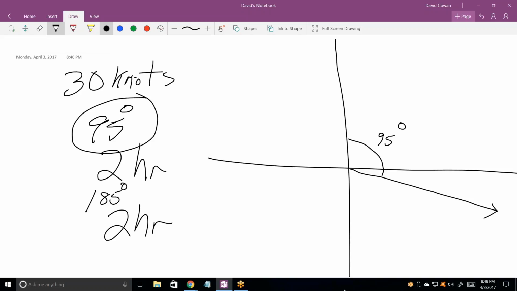Yep. Okay. And then we change directions to a 185 degree angle. In other words, a 185 degree angle from north would be about what I've drawn.